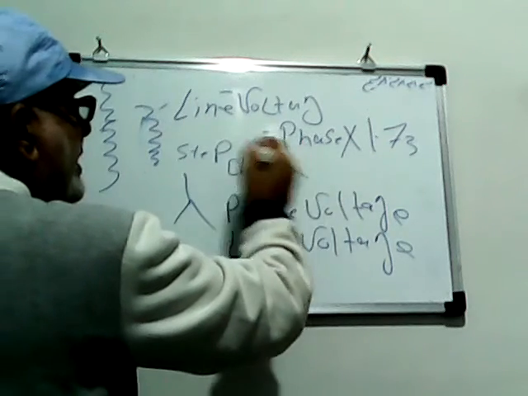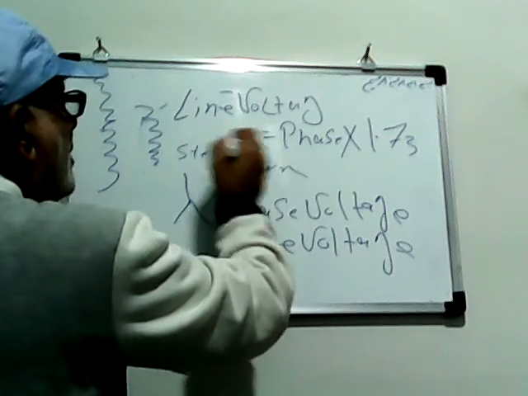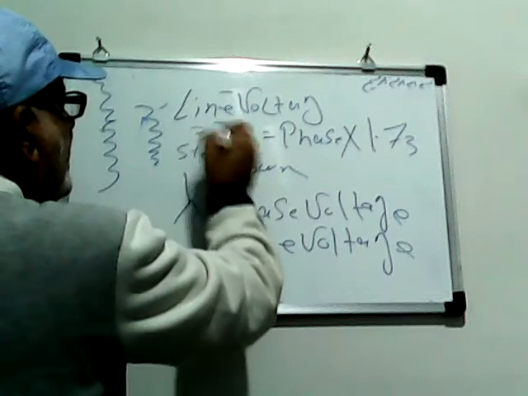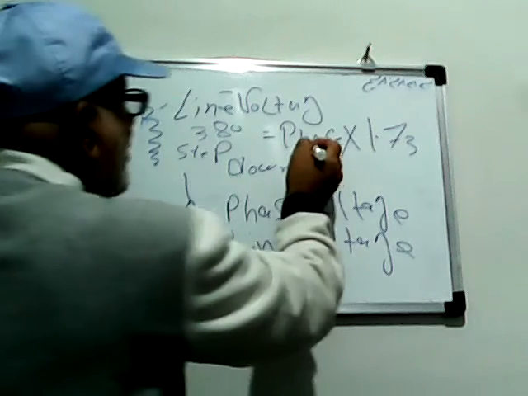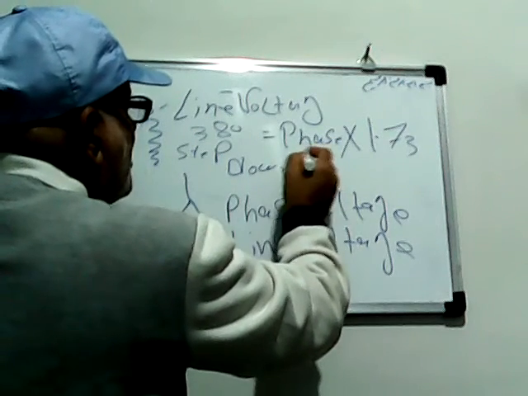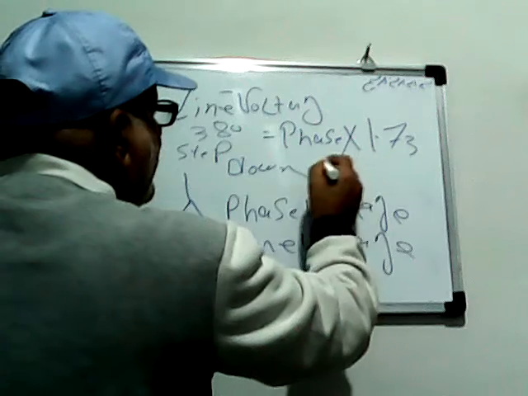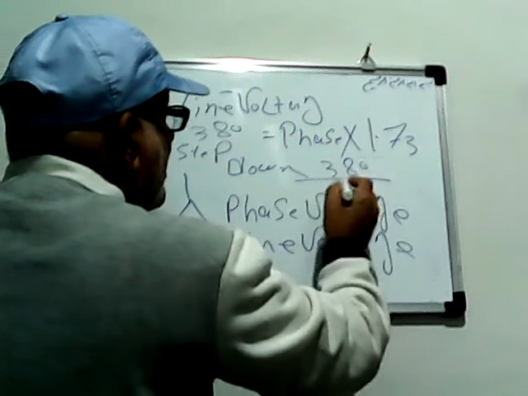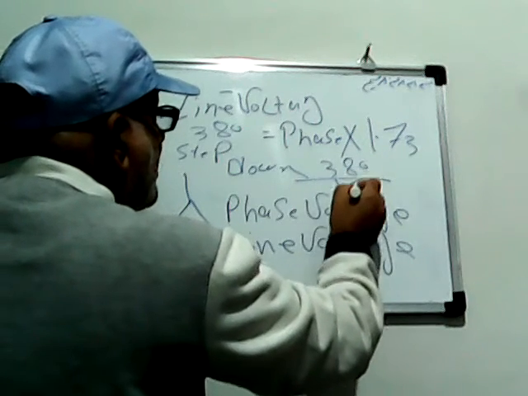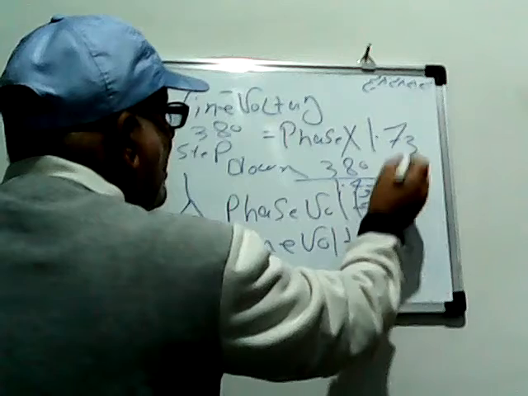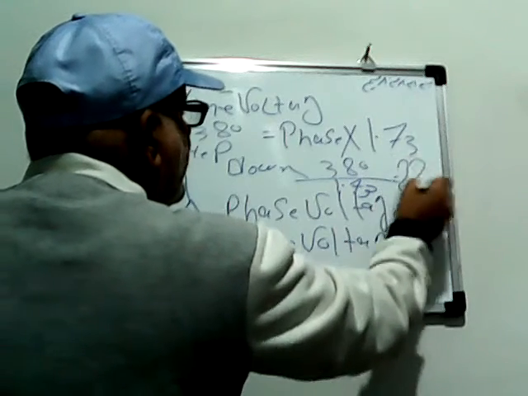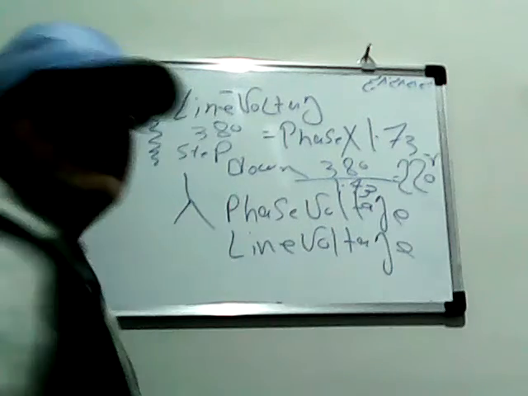For example, in Iran, line voltage is 380, so phase voltage will be 380 divided by 1.73, equal to 220 volts.